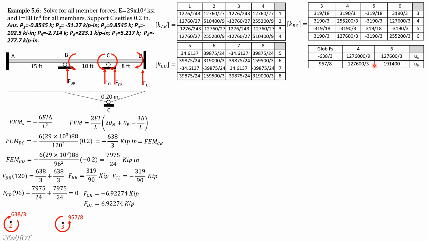Then 6,6: we have 255,200 over 3 plus 319,000 over 3. The answer is 191400. So solving for U4 and U6, the inverse of this 2 by 2 matrix times this first matrix here.